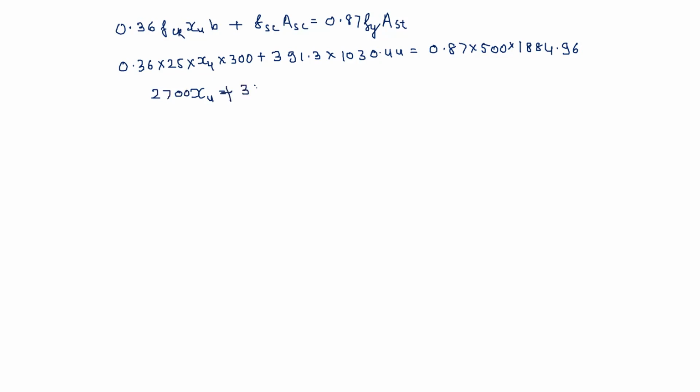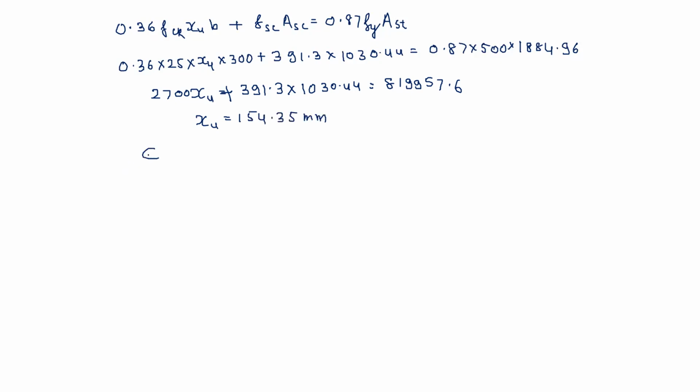You calculate the value of Xu from here, and you get the first term 2700 Xu plus 391.3 into 1030.44 equal to 8199.57. And from this we can calculate the value of Xu, which is equal to 154.35 millimeter.